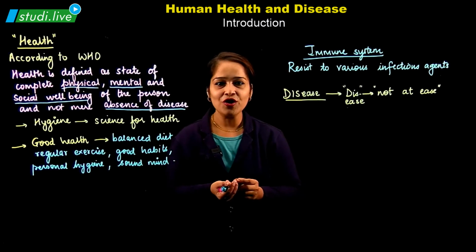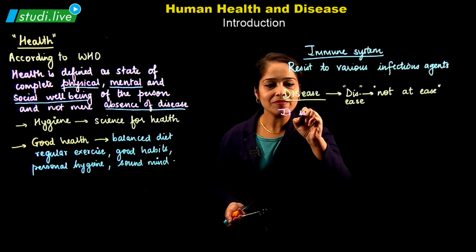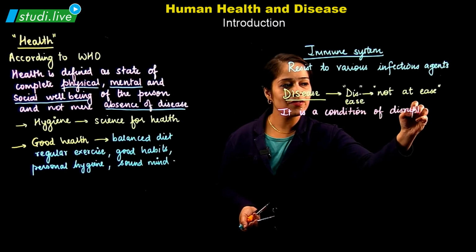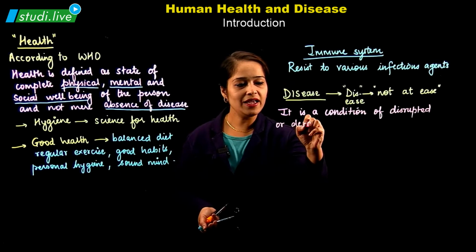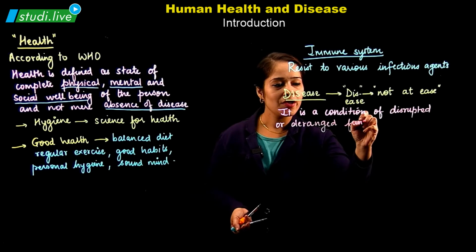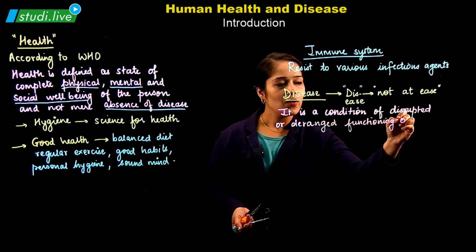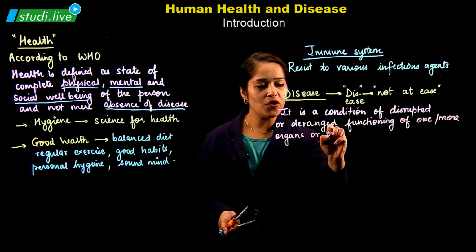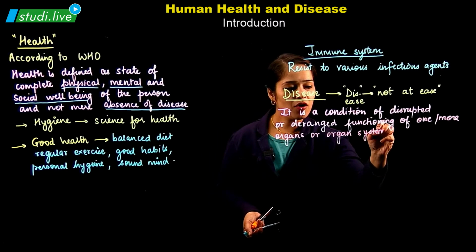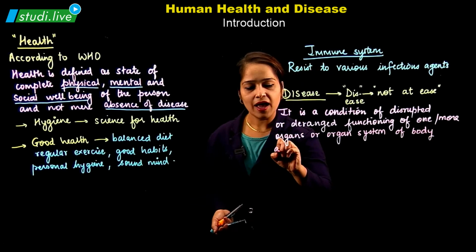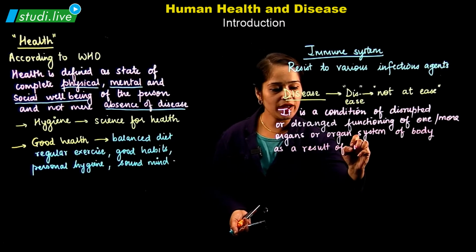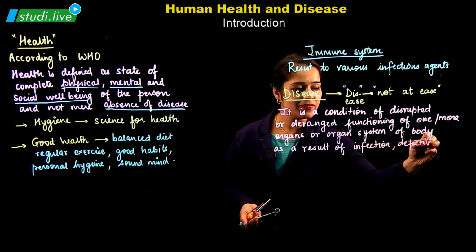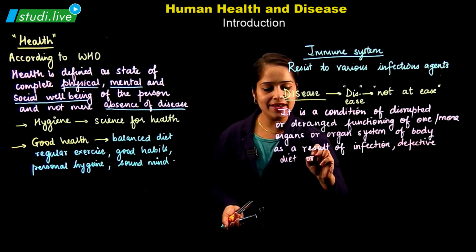So let us see the definition of disease. It is a condition of disrupted or deranged functioning of one or more organs or organ systems of the body as a result of infection, which could be with any pathogen, or a defective diet, or it could be because of heredity.